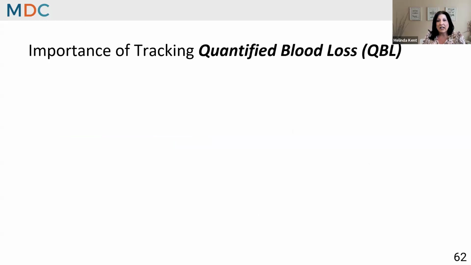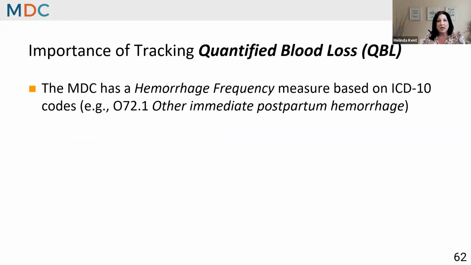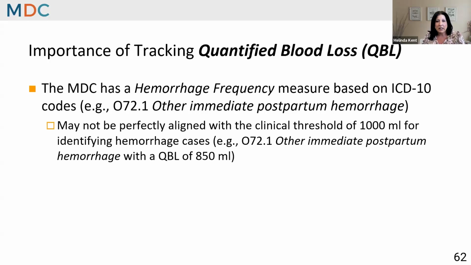The importance of tracking the quantified blood loss, or QBL. The MDC has a hemorrhage frequency measure based on ICD-10 codes. So for example, O72.1 is other immediate postpartum hemorrhage. And this may not be perfectly aligned with the clinical threshold of 1,000 mLs for identifying hemorrhage cases.